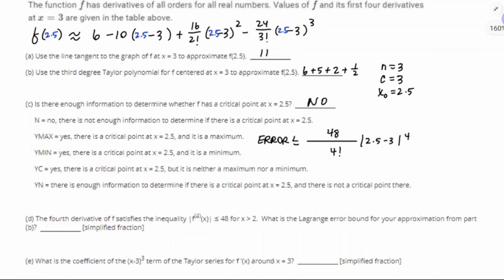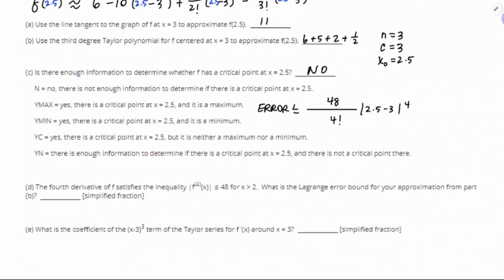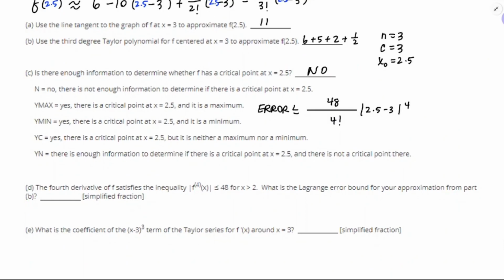If it called for a simplified fraction, I could say 48 over 4 times 6 is 24. That's going to be pretty easy to compute. Negative 1/2 to the fourth is 1 over 16. So that's going to be 2 over 16, which equals 1 over 8.